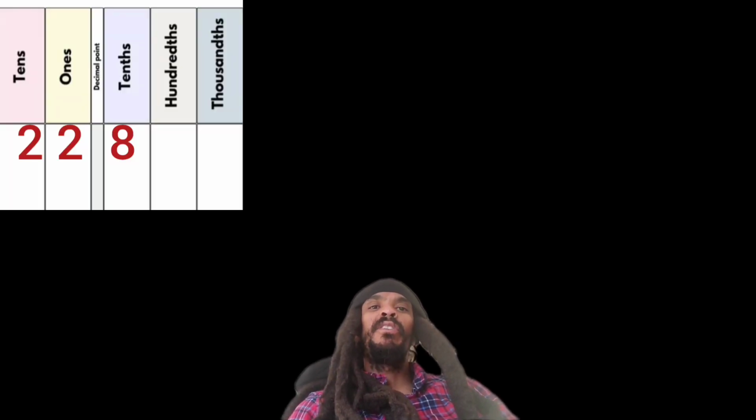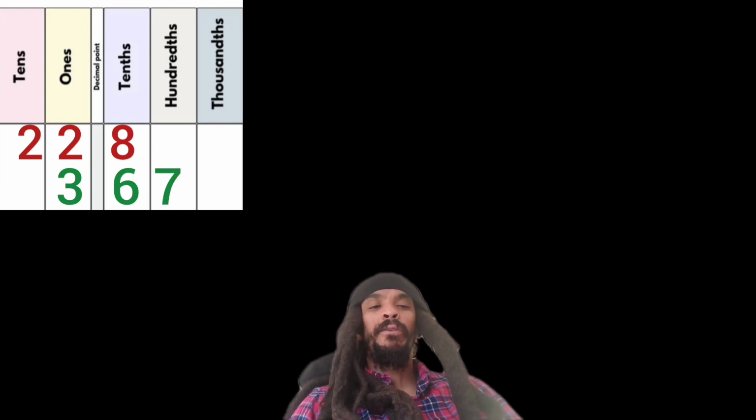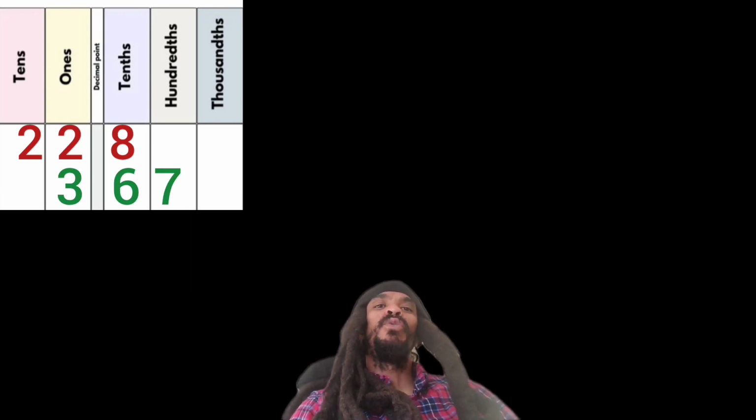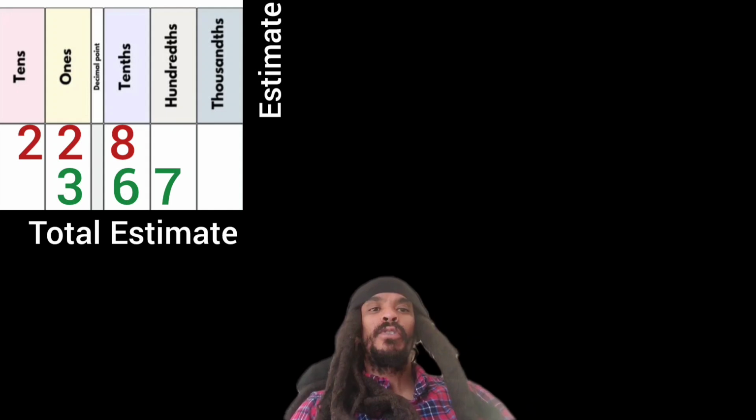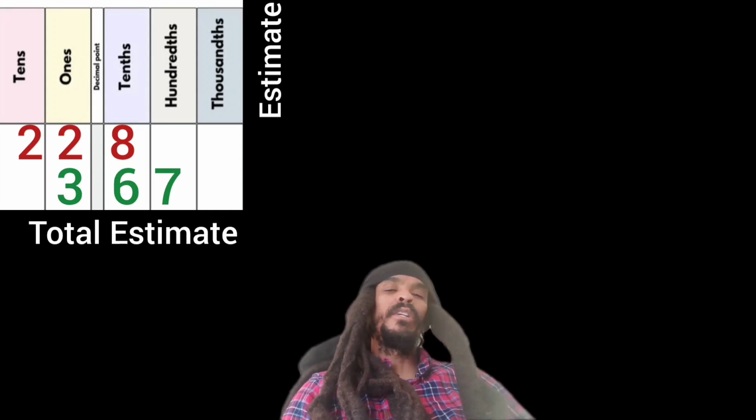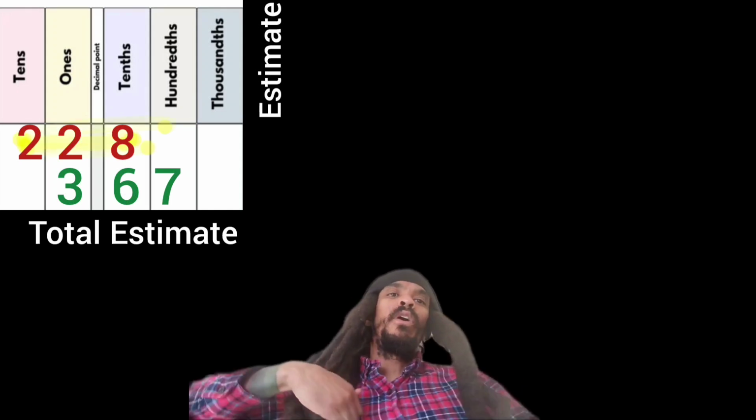All right, y'all, let's get right into it because we got our steps now. Now it's time to put them into effect. Our first problem is 22 and 8/10 minus 3 and 67/100. The first thing we want to do is estimate the difference to the nearest whole number. So let's look at 22.8. We are estimating to the nearest whole number, so you should be looking at your ones place.